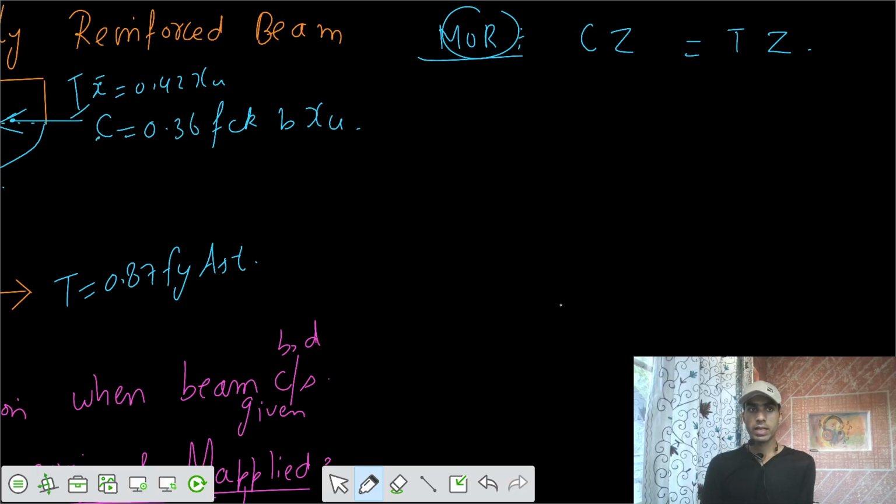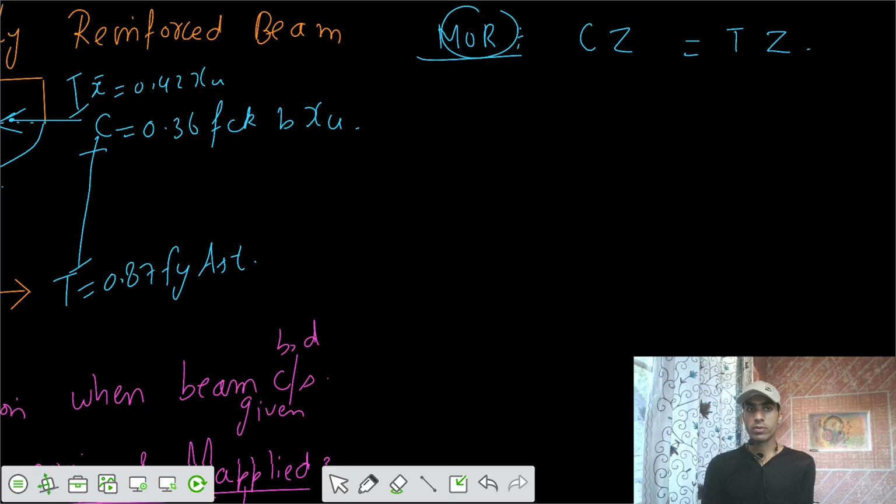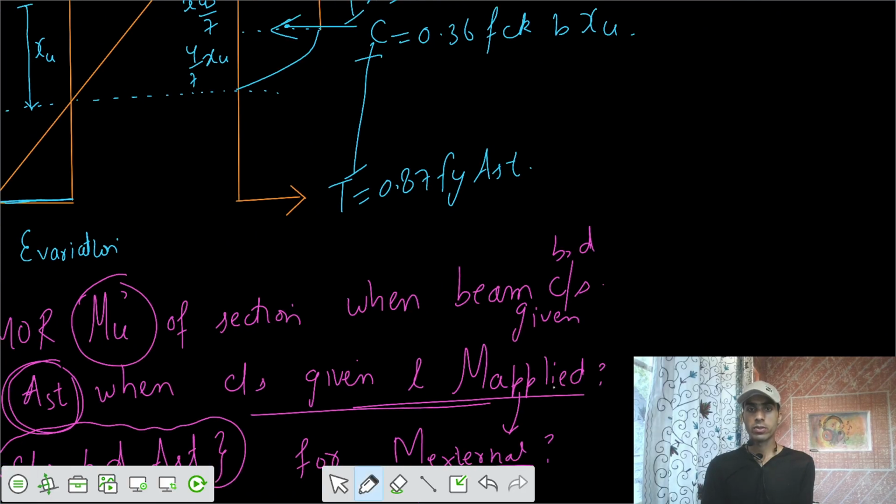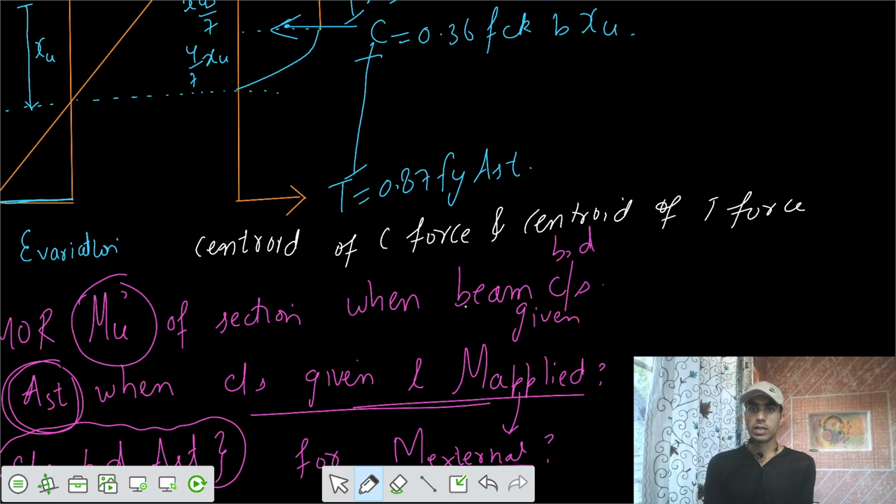What was the value of Z? This was the distance between the centroid of the C force and the centroid of the T force, the center to center distance.